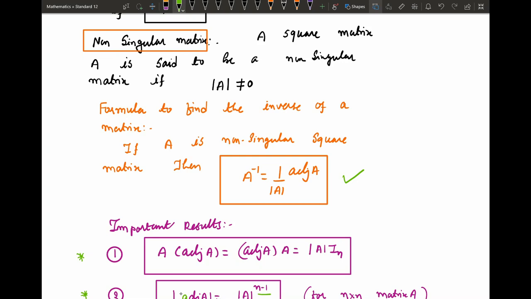That's why A is non-singular. If determinant A is 0, it is singular, and you can't get the inverse. So the inverse exists if and only if it is non-singular, and the formula to find A inverse is 1 upon determinant A into adjoint A.